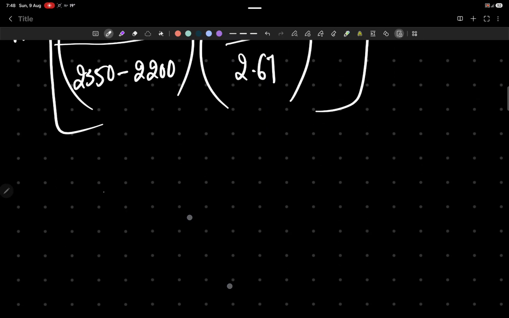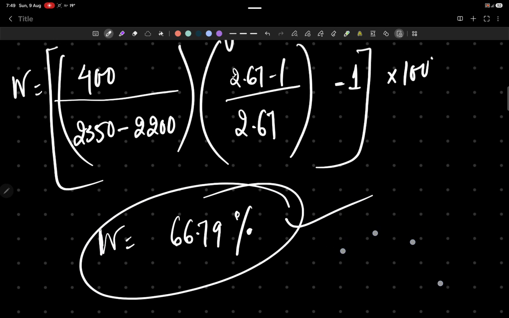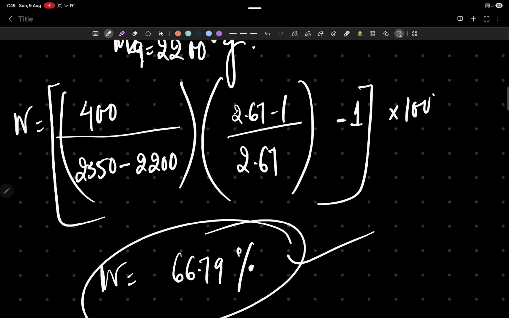Upon calculating, water content is equal to 66.79%. All right, so the water content is how much? It is 66.79%.